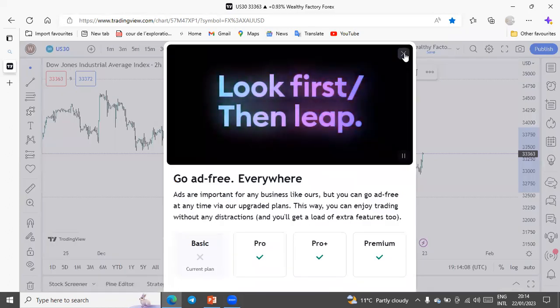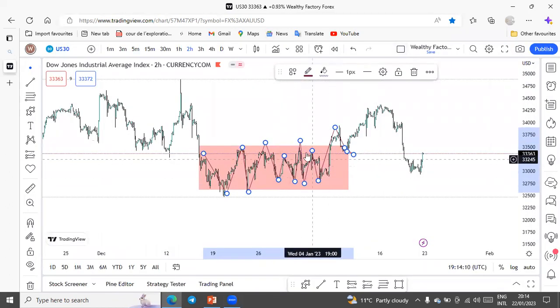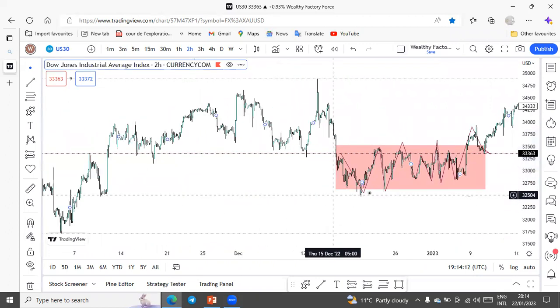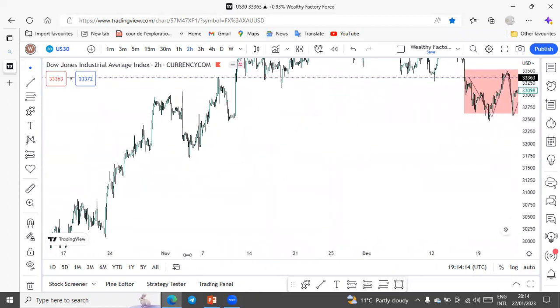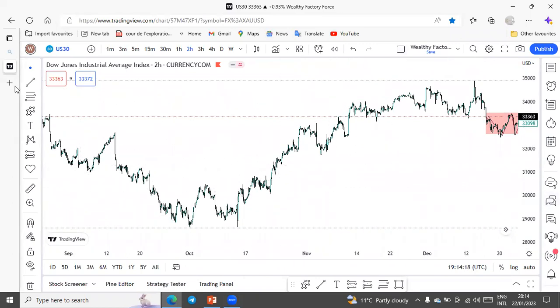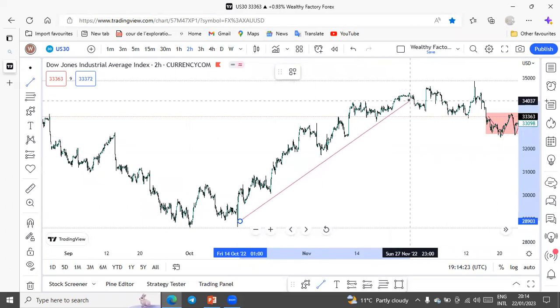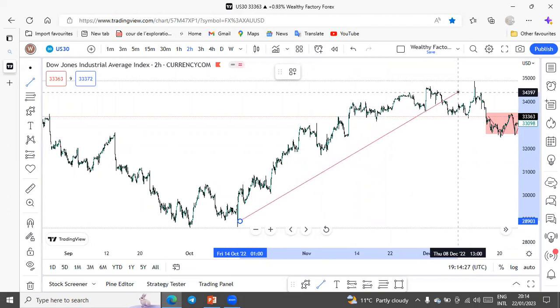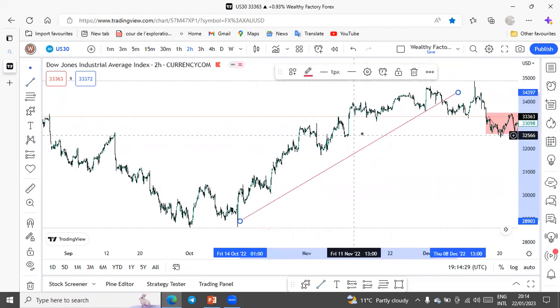More especially beginners, you are advised to stay away from the market when it's forming something like this. Then when the market is going up, as in the example that I've already given, like from here all the way up here, what you'll be doing is looking for buys from here.